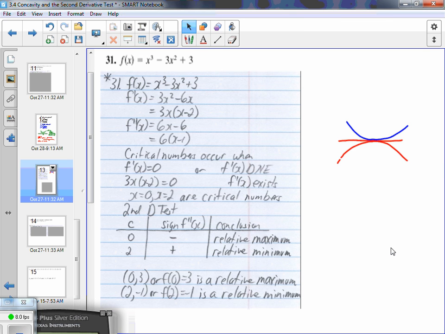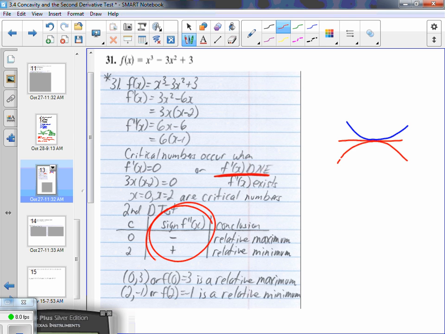It won't work. Well, it definitely will not work for critical numbers that you get from here, because if the first derivative does not exist, neither does the second derivative. And the second derivative has to exist, otherwise we have nothing to put in that column, therefore we can't reach a conclusion.